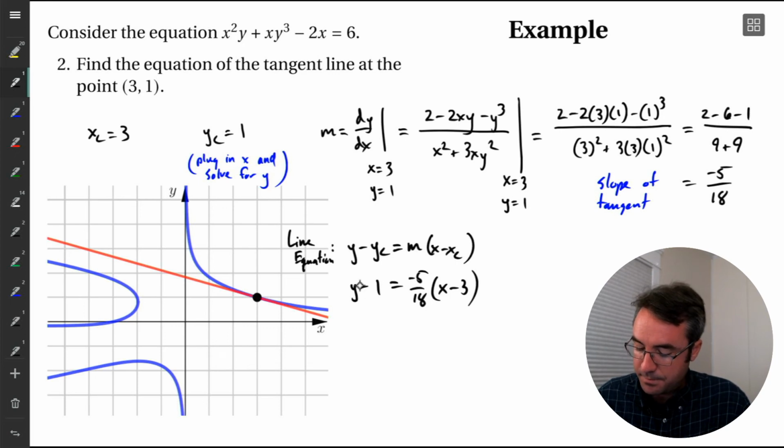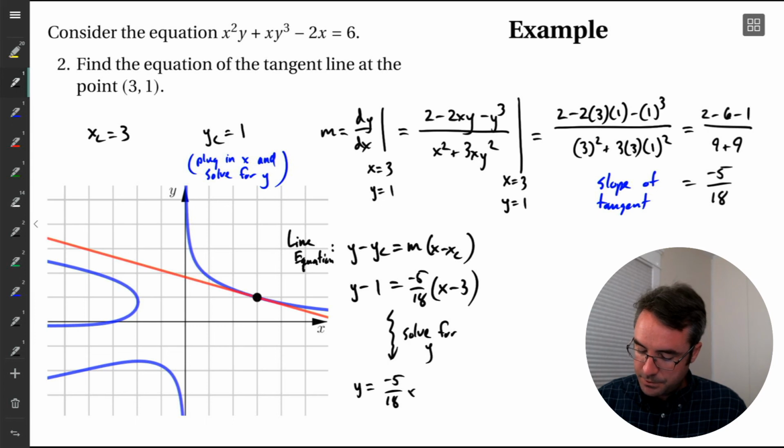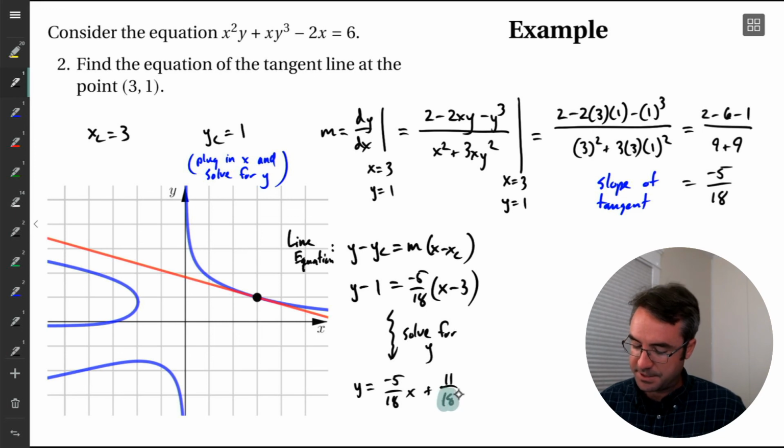And then from here, if we wanted to, we could solve for y and get it in the form y equals mx plus b. But this is fine as well. If you did get it into that more standard form, you'd have negative 5 over 18 times x, plus 11 over 6.